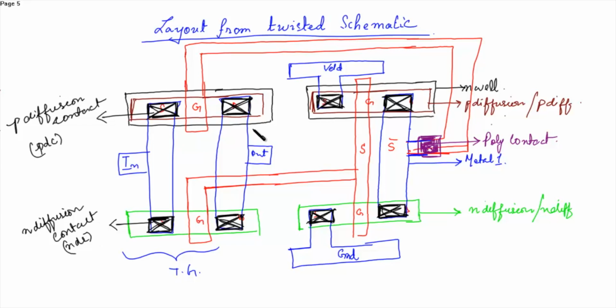Now after placing the diffusion contact, you have to place the substrate contacts in the VDD and ground.